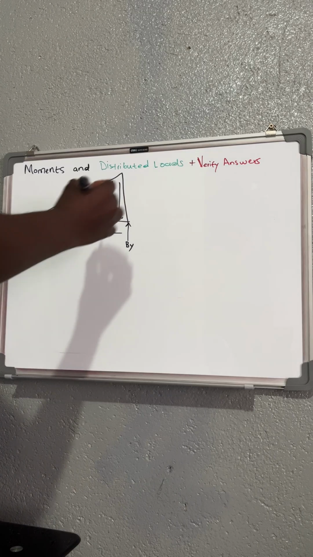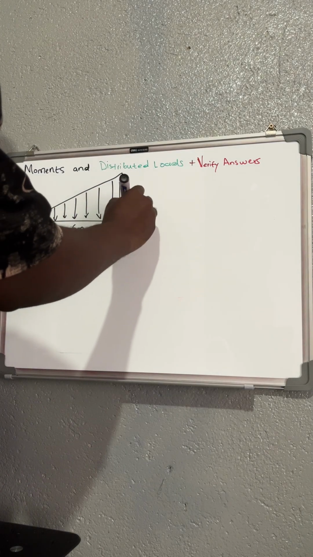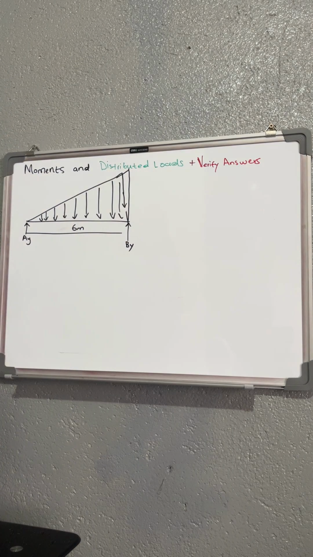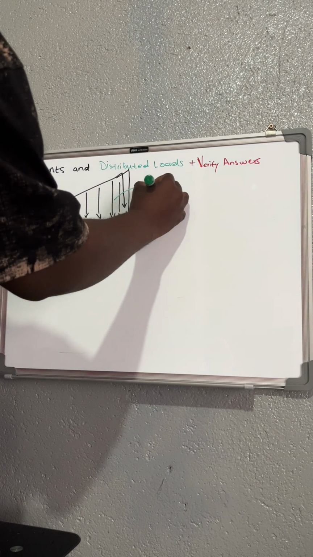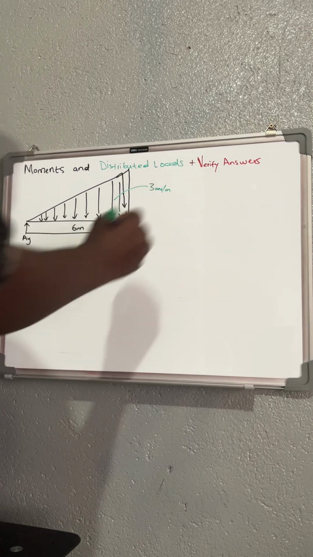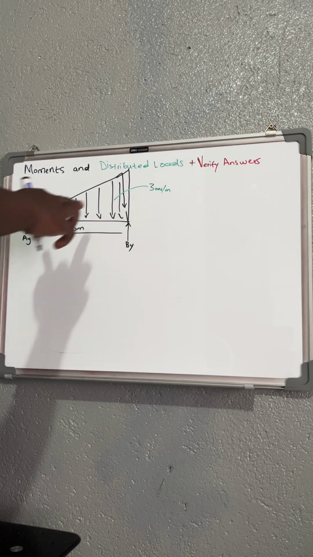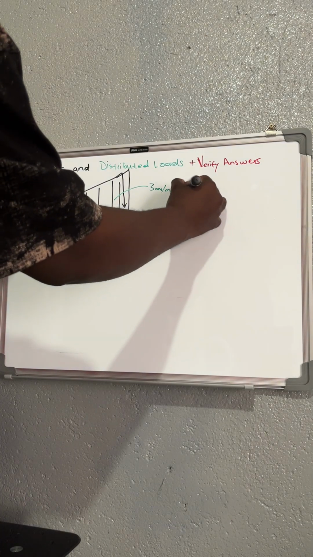Remember, they would have given you the height for this triangle. They might give you something like 30 Newton per meter. So the first step you have to do is to ask yourself, what is the area of this triangle?